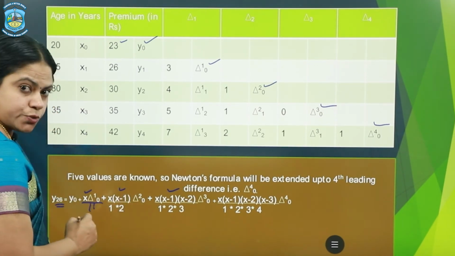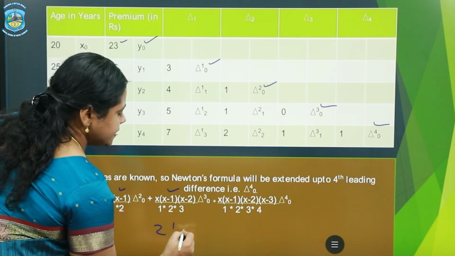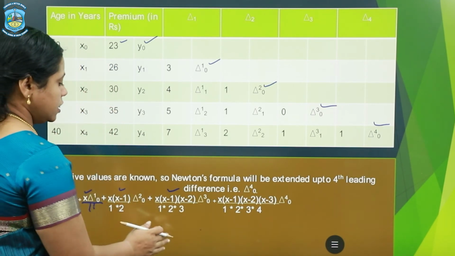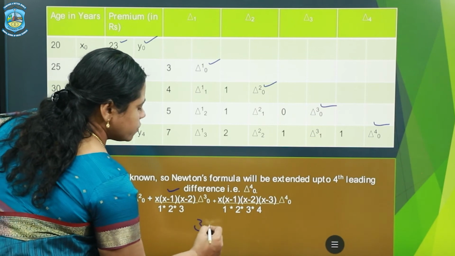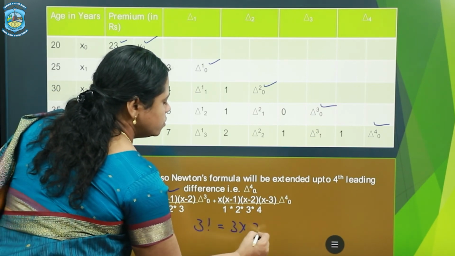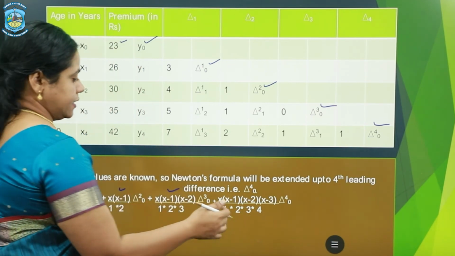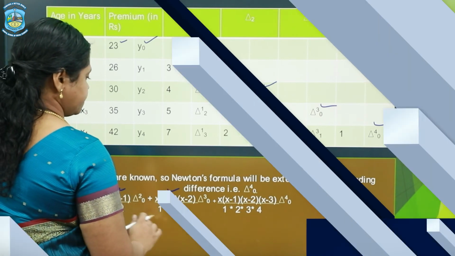If it is del 2 0, then the denominator is 2 factorial. 2 factorial means 2 into 1, you can write 1 into 2 also. If the next one is 3 factorial, 3 factorial means 3, 2, 1. 4 factorial means 4, 3, 2, 1, etc. Okay, so this way we have to substitute the values.